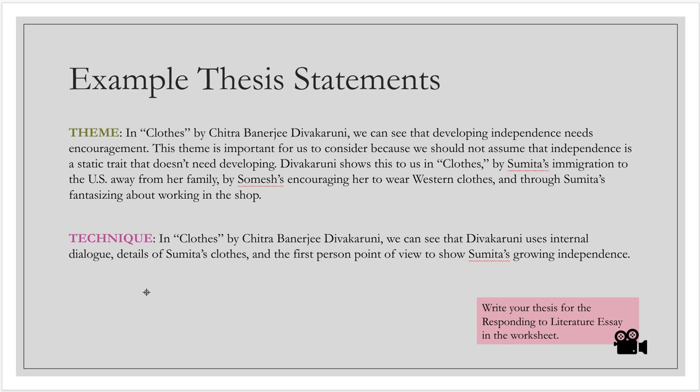So notice how this thesis is saying some of the same things, but their focus is different. Okay, they're still saying all these techniques are used to show growing independence, but they're focusing more on the aspects, the techniques of the story, like the internal dialogue, the details of the clothes, and the first person point of view. Okay, so this one is focused on technique and this on theme.